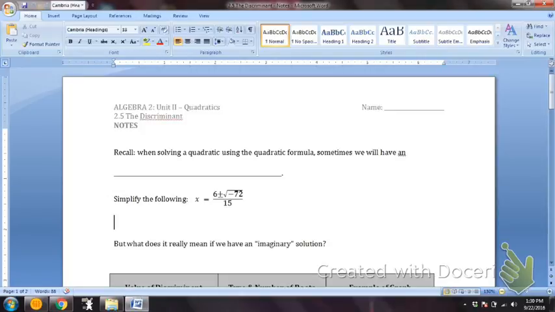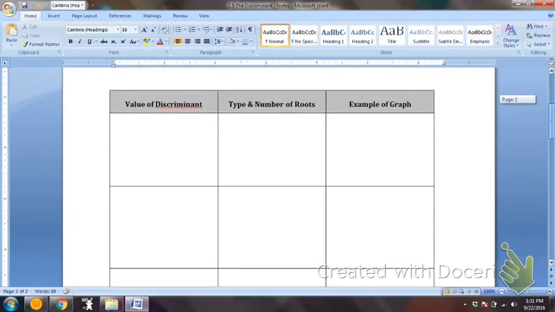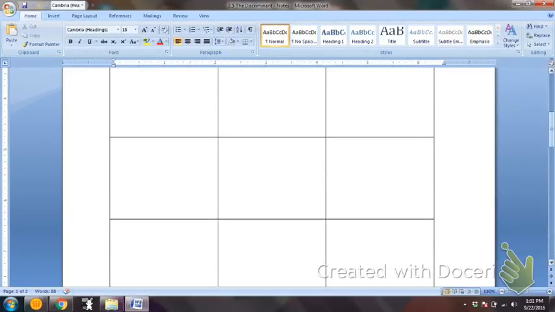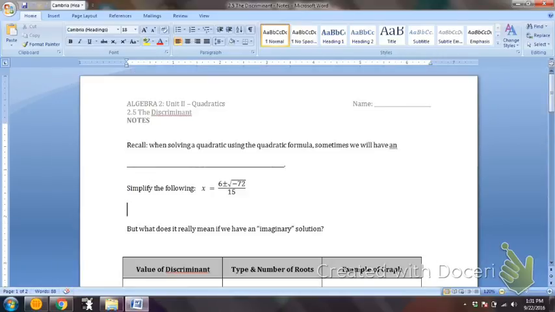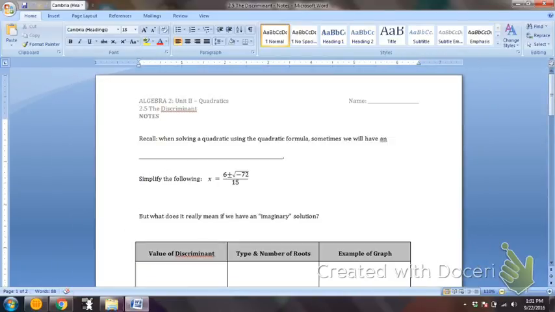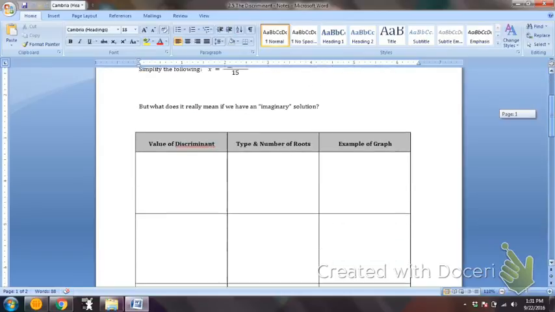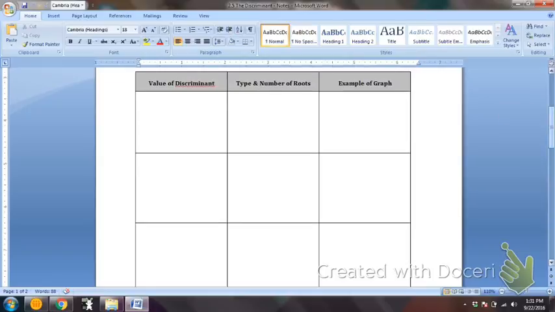As I zoom out, we are going to talk about what's called the discriminant. This word discriminant means this is how many roots or solutions you're going to have underneath the graph. That's the whole point of finding the discriminant. The discriminant is only what's underneath the square root. Make yourself a note at the bottom, maybe where it says discriminant, or off to the side.